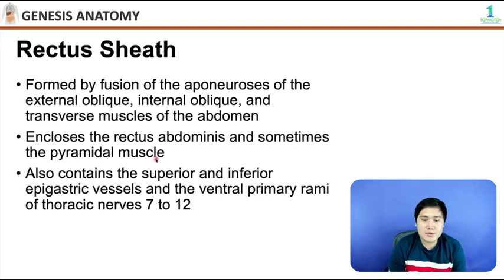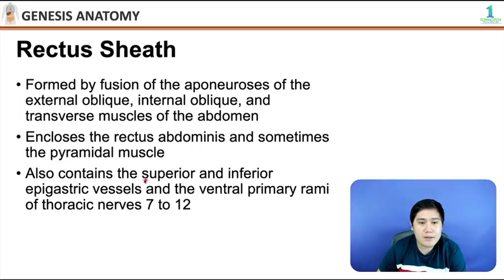Okay? So, another important structure in your abdomen is your rectus sheath. It is formed by the fusion of the aponeurosis of the external oblique, internal oblique, and the transversus abdominis. So, it will contain the rectus abdominis, and sometimes the pyramidalis.